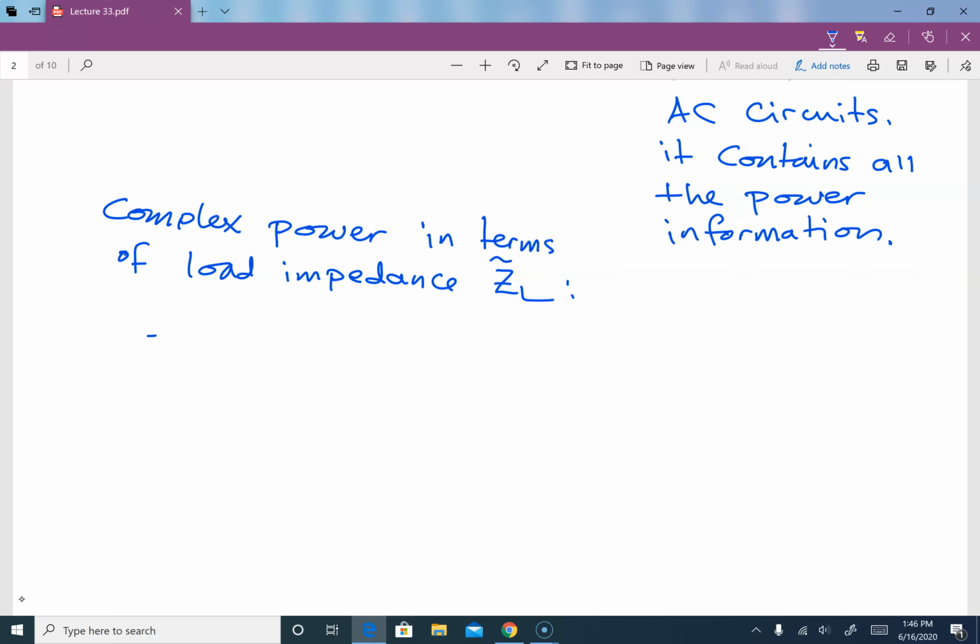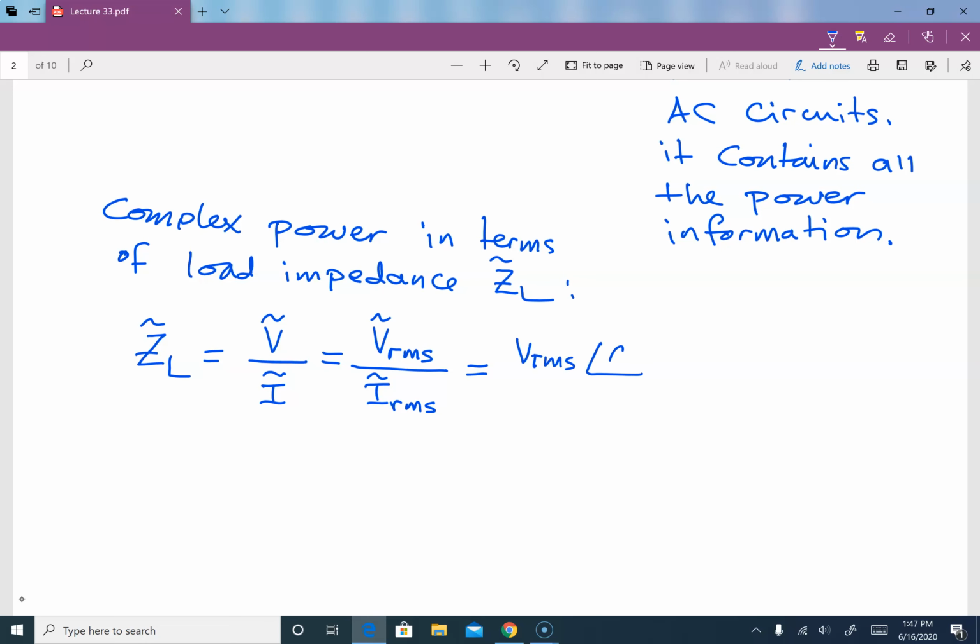So our ZL is equal to phasor V over phasor I. And the same thing, that is VRMS phasor divided by IRMS phasor. And this is equal to VRMS with angle theta V divided by IRMS with angle theta I.